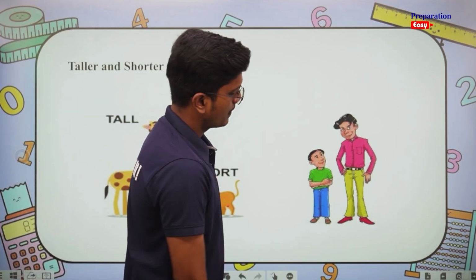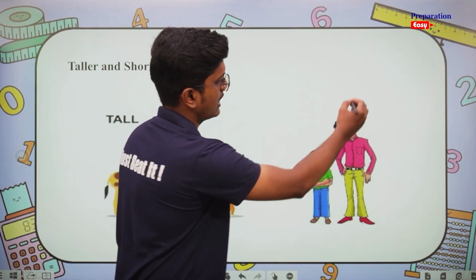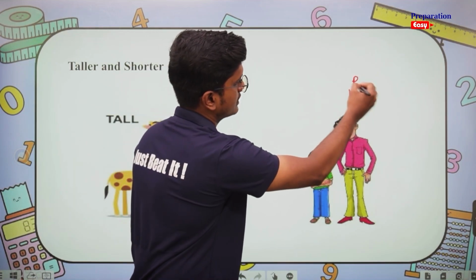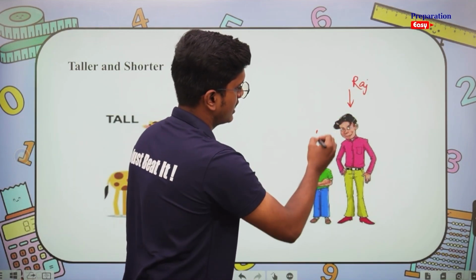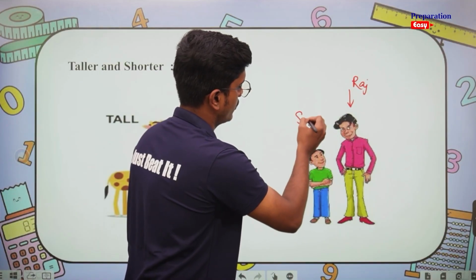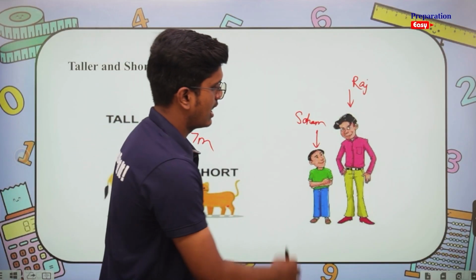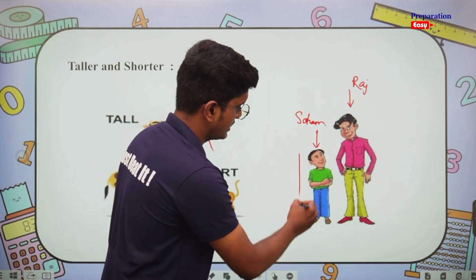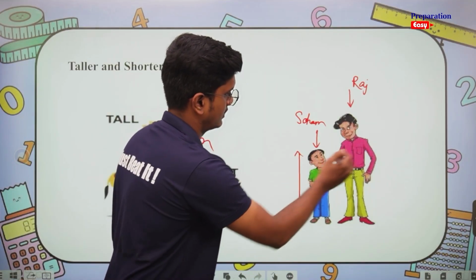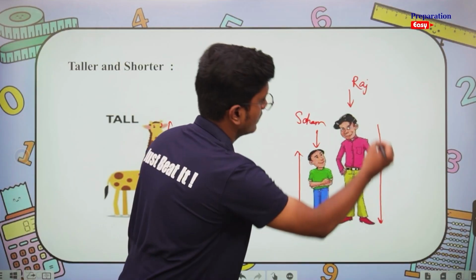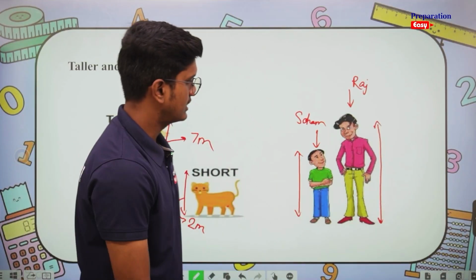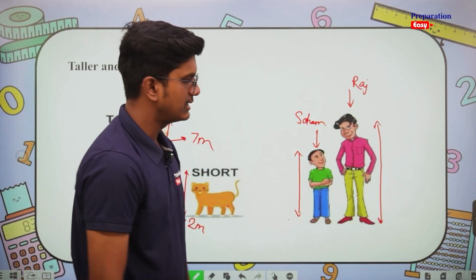Here are two boys standing right now. Let's name them: this is Raj and this is Soham. They are chit-chatting with each other and comparing each other's length. Raj has some amount of length and Soham has some amount of length.